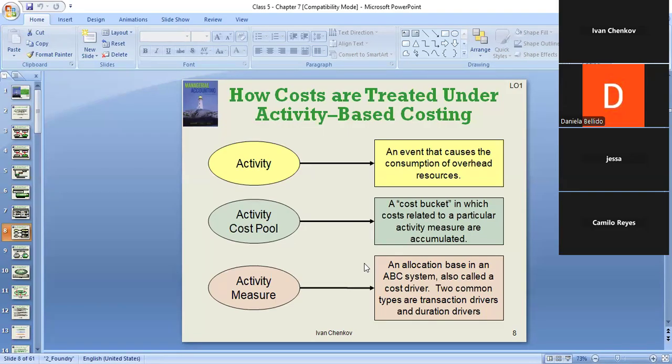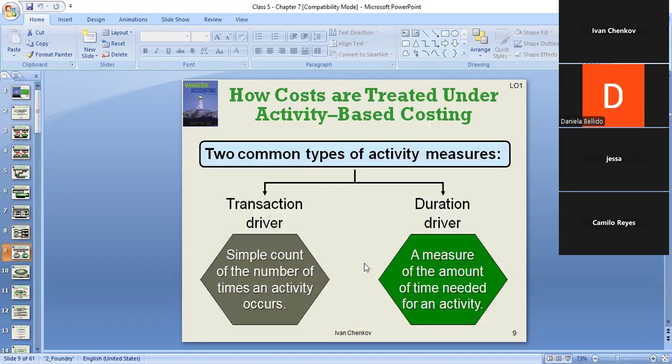We have two common cost drivers. One will be the duration and the other will be transaction drivers. So let's see which one is the transaction driver. Transaction driver will be everything which is repeating itself as a function or as a process in the operating cycle of the company.